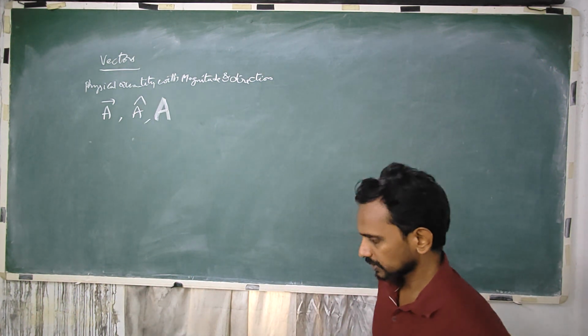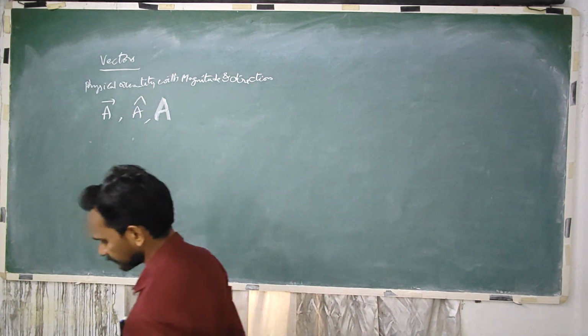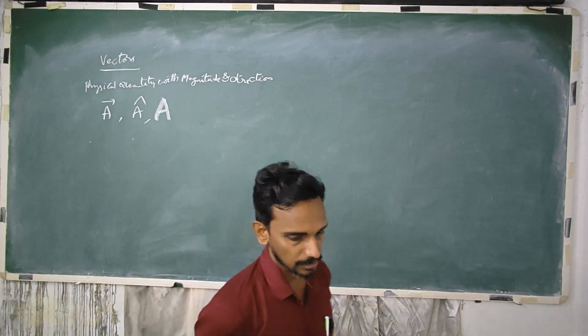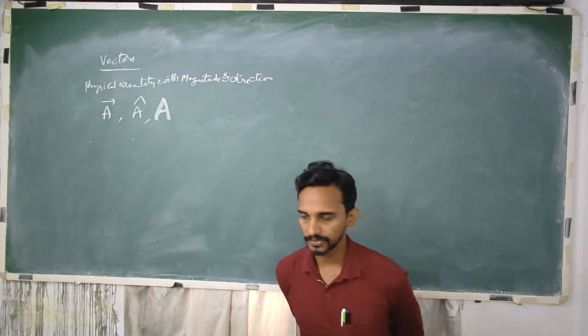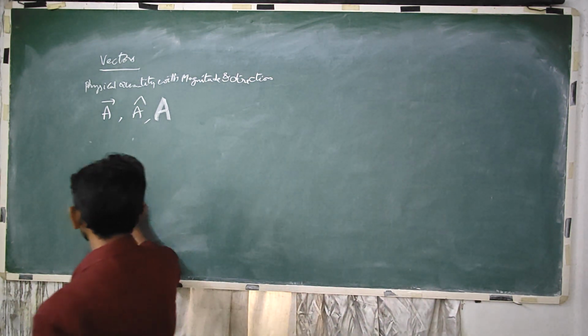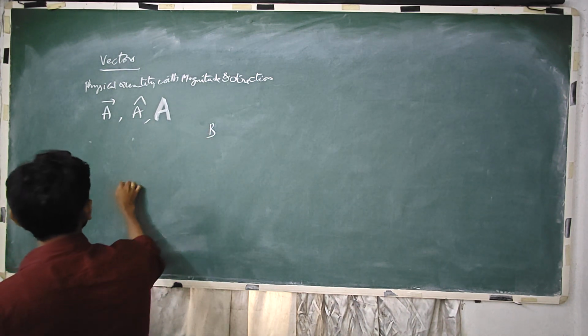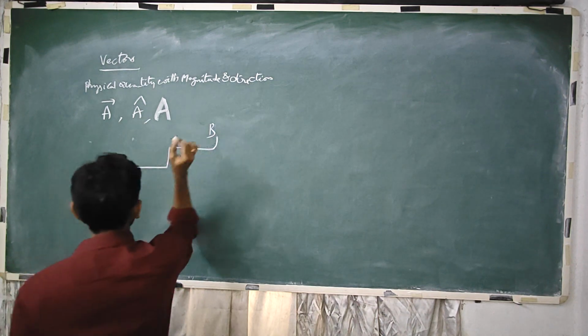Okay. So let's say the most conventional example that we see for vectors is distance and displacement. Let's say somebody's house is like this.